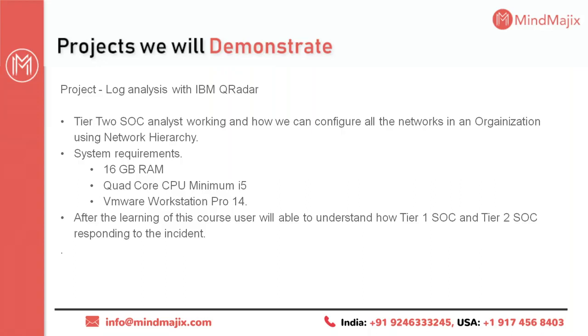The system requirement is 16 GB of RAM. Everything is the same, but in this project we are not going to learn how tier 3 SOC analysts work. This is for SOC tier 1 and SOC tier 2.